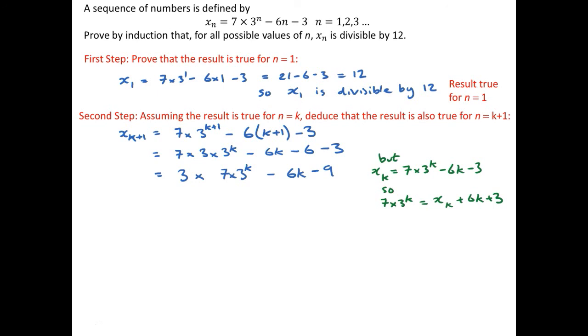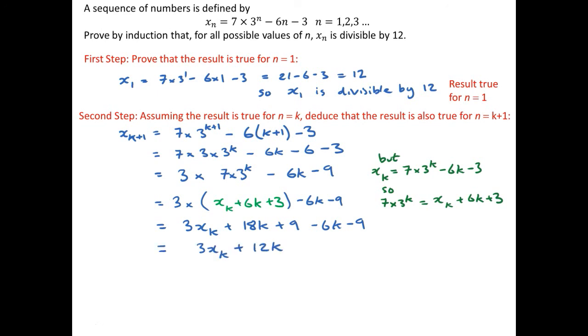So if we substitute that into the expression we've got for xk plus 1, xk plus 1 is 3 lots of xk plus 6k plus 3, take away 6k, take away 9. In other words, xk plus 1 is 3 lots of xk plus 18k plus 9, take away 6k, take away 9. And that simplifies to 3 lots of xk plus 12 times k.